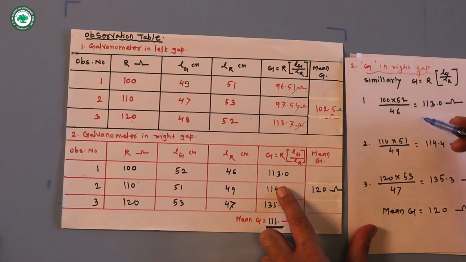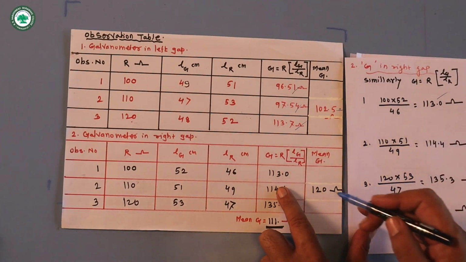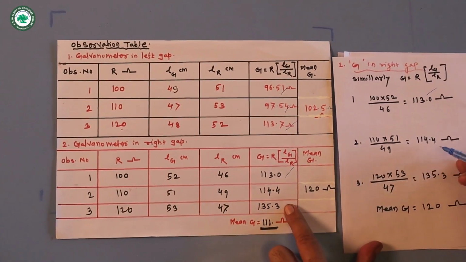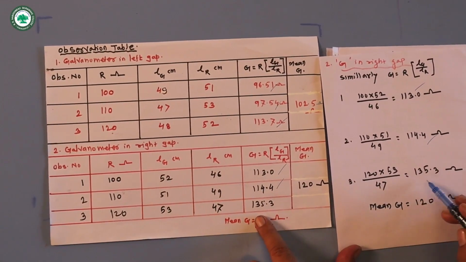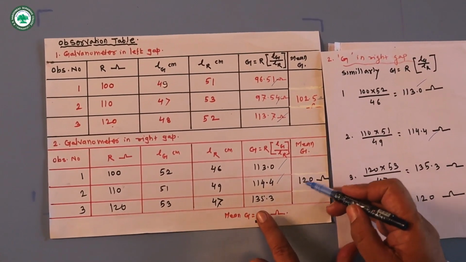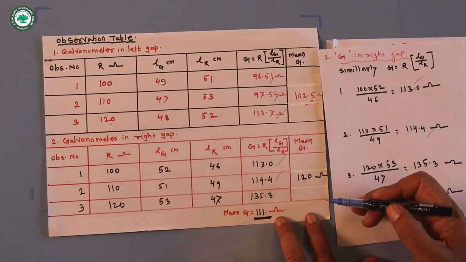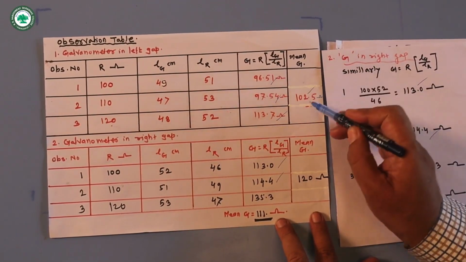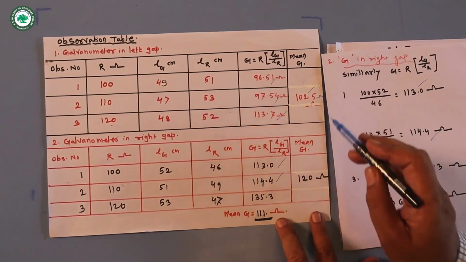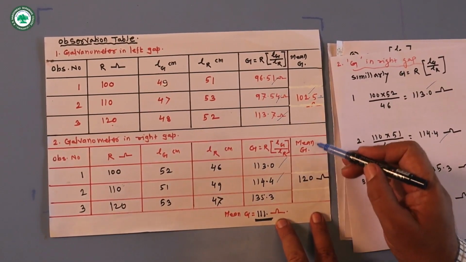We write here directly using that logarithm. That value comes to be 130 here. Now second value is 140.4, then 130.3.